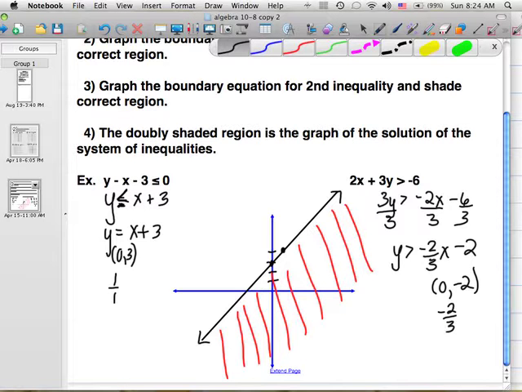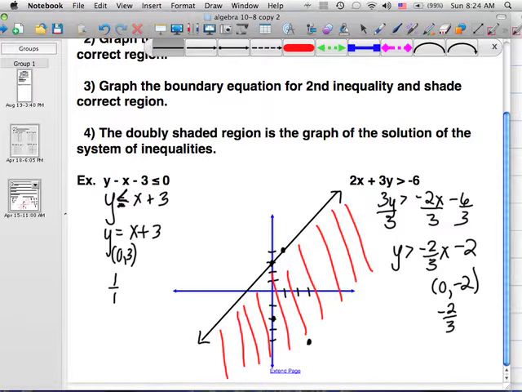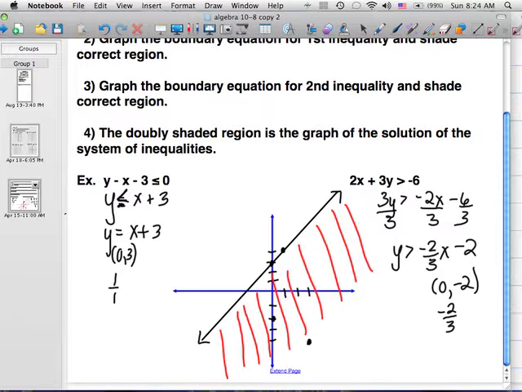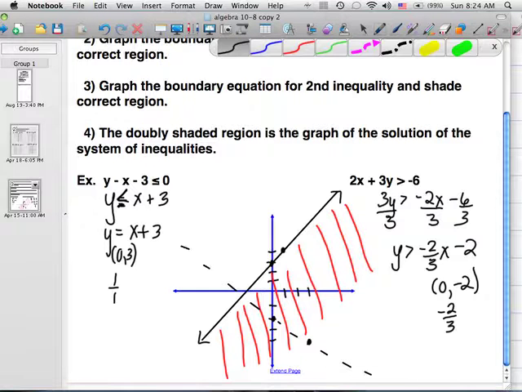So plotting that point, 0, negative 2, and then we go down 2, right 3. That would be here. And it said greater than, so that would be a dashed line. And it said greater than, so that would be all the ordered pairs above.